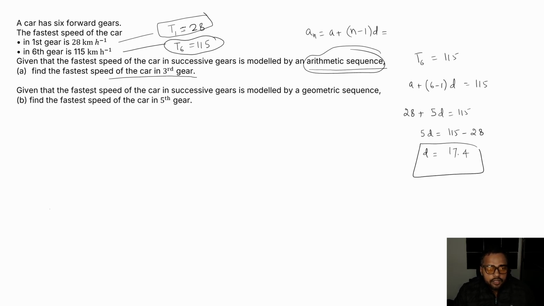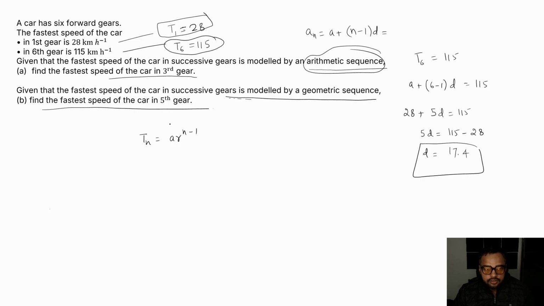Now in the next part, they have told us that the fastest speed of the car in successive gears is modeled by the geometric sequence, and we need to find the fastest speed of the car in the fifth gear. Now the question is changed. Earlier it was for arithmetic sequence, now it is for geometric sequence. We know that for a geometric sequence, the general term is given by a r raised to the power n minus 1.